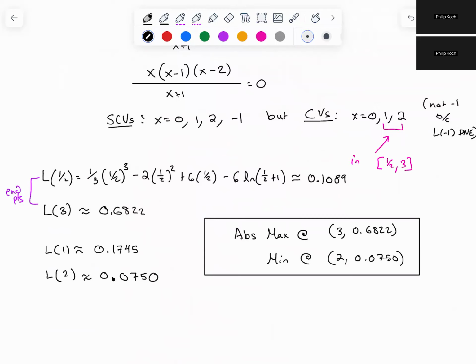Yes, Luke. Super annoying question, but wouldn't the ordered pair not be necessary in this? Because it would either be the max of the decimal at 3, or no. It's fine either way. Technically I'm saying the max is at this coordinate point with a maximum value of 0.6822, and it occurs at x equals 3.